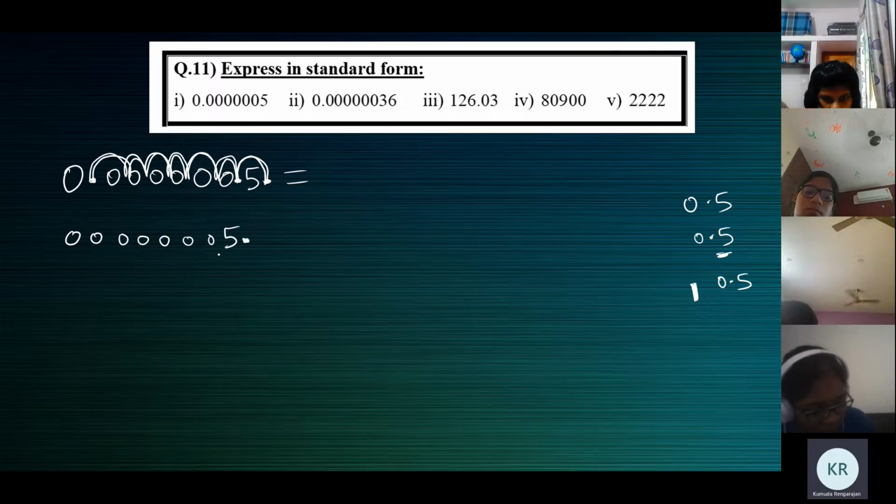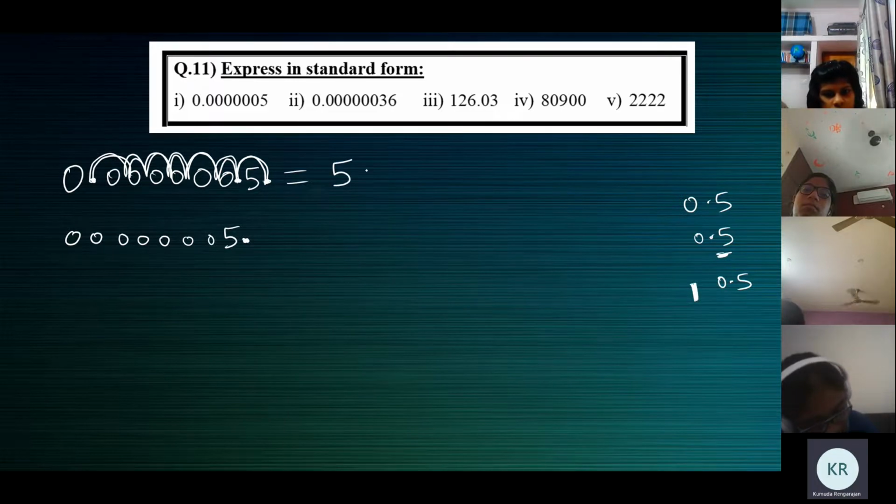That means the number is only 5. So k can be 5. It is more than 1, but less than 10.